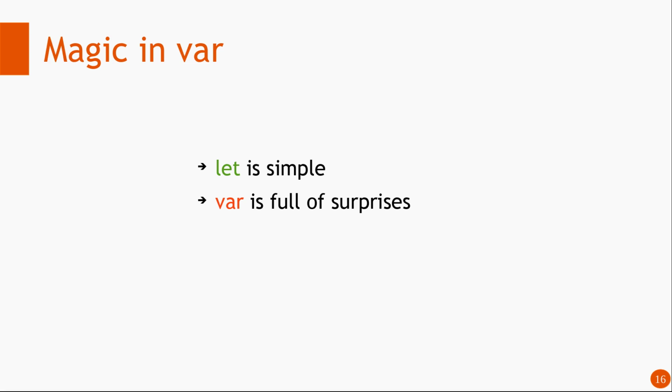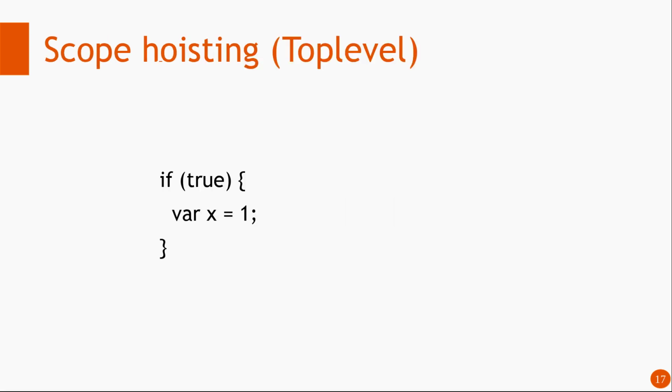Let's introduce one of the surprises, the scope hoisting. If you declare a variable with the var keyword, it will not be defined in the current scope. Instead, it will be hoisted to the highest environment possible. For example, if you are declaring a variable in the top level of the script file, it will be hoisted to the global environment.